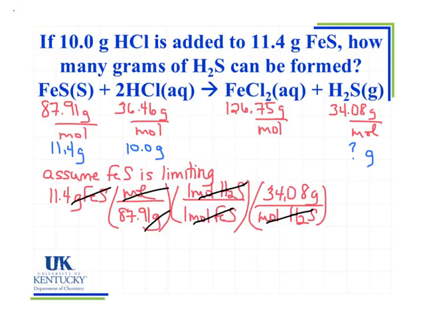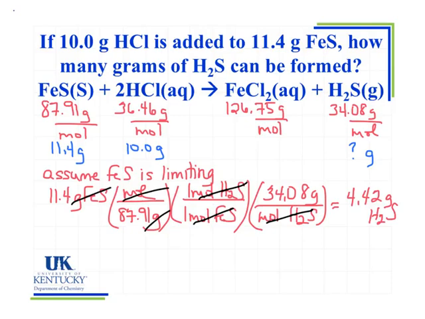And again, this is assuming that the iron sulfide is the limiting reagent. When I do the calculation, I get 4.42 grams of H2S. Now remember, I don't know if this is my answer because I don't know which species is my limiting reagent. I've assumed iron sulfide is limiting.